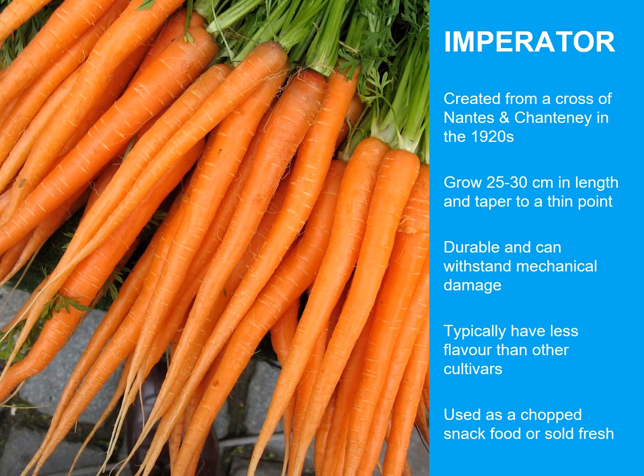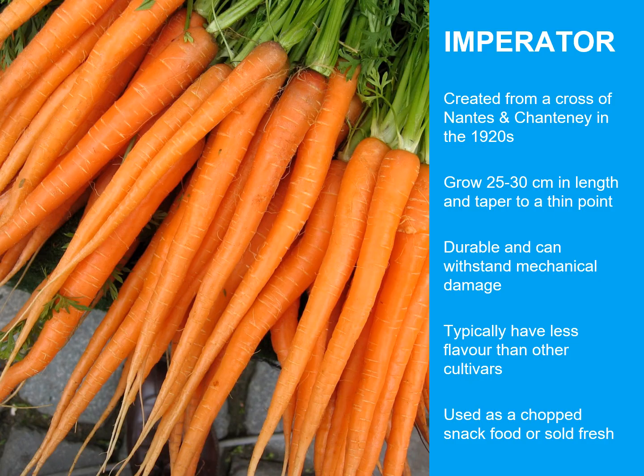Then we have the Imperator type carrot. This was created from a cross between the Nantes and Chantenay cultivar types in the 1920s. It's a very long and thin taproot. It grows to between 25 to 30 centimeters in length, which tapers to a very thin point. It's generally durable and can withstand mechanical damage.